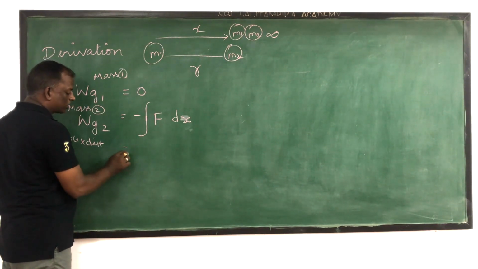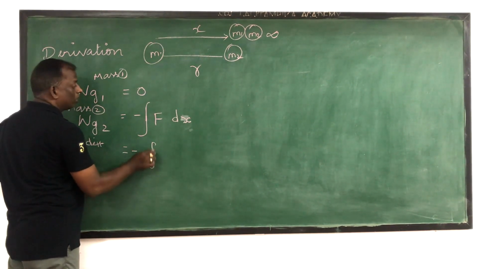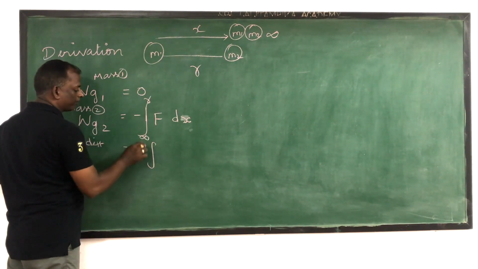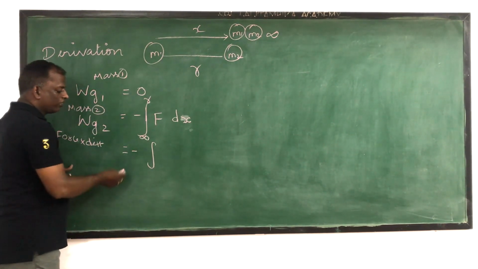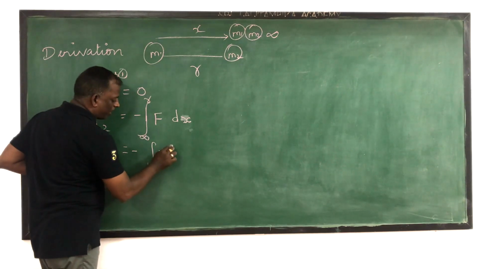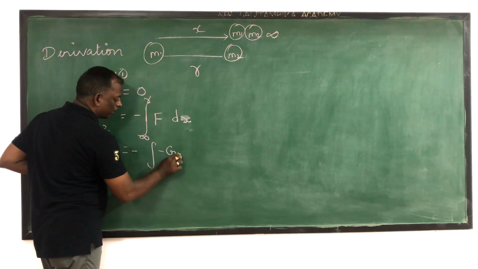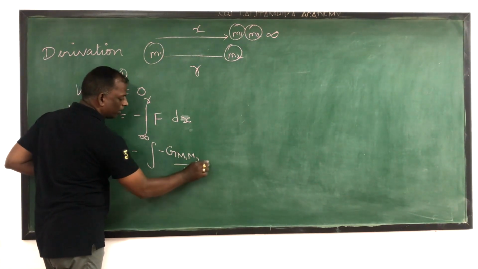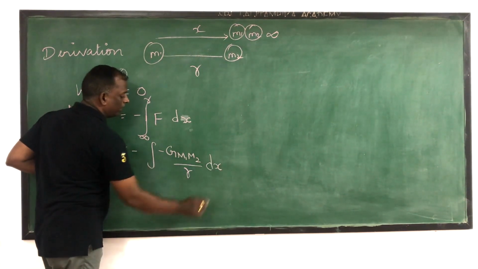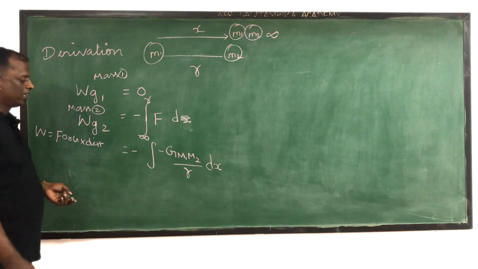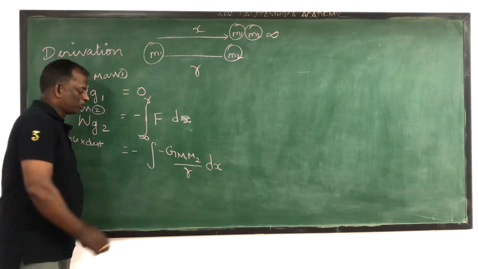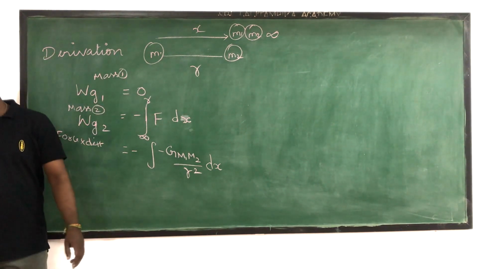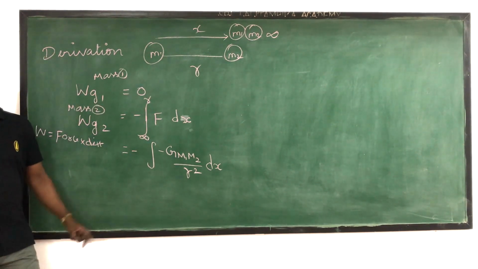So what is the force here? The limit is r to infinity. So force is minus G m1 m2 by r square into dx.